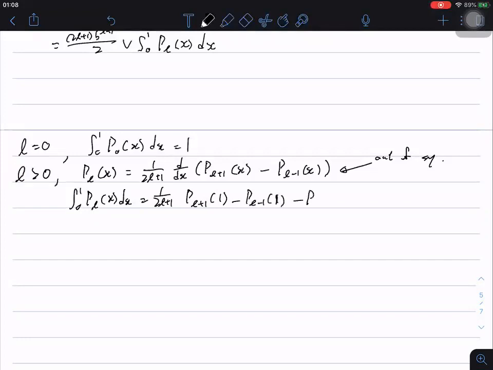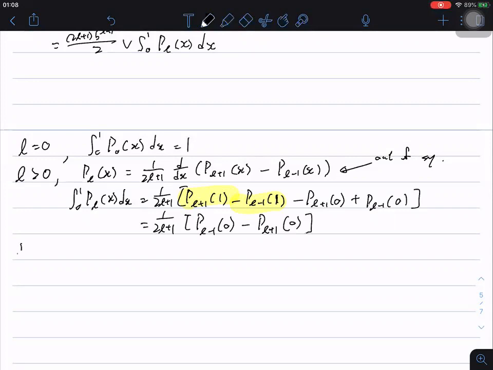So we have this. Also, for any order of the Legendre polynomial, P of 1 is equal to 0, so these two terms always equal 0 no matter what L we use, and we are only left with these two terms.